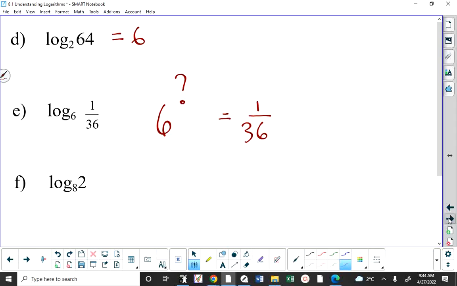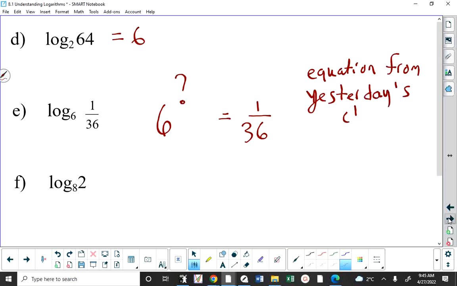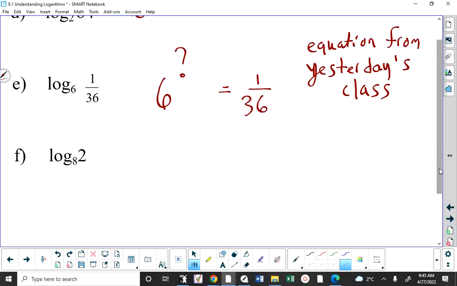But this is an equation from yesterday's lesson. It's an exponential equation, but you can write both sides of the equation as a common base. For example, I can write 6 raised to the question mark equals 1/6 raised to the 2. Let's leave it as question mark.